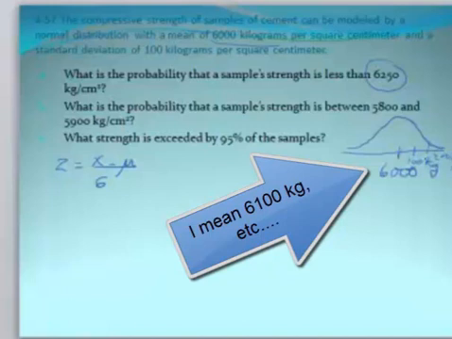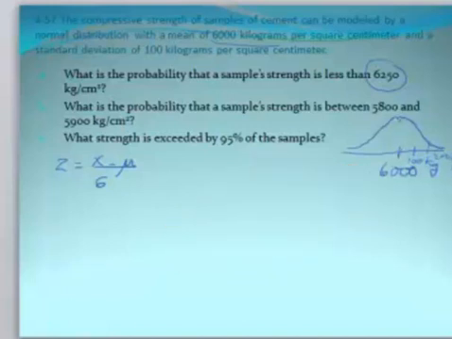So we could say there's a 50% probability that it's going to be less than 6,000 kilograms, but we don't want to make up a table for that area. So instead, we translate it to a Z chart, so we'll make our Z extra special, bright, flashy red, and it's actually the same thing, magically transformed.